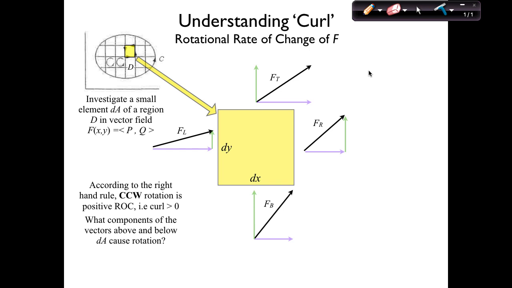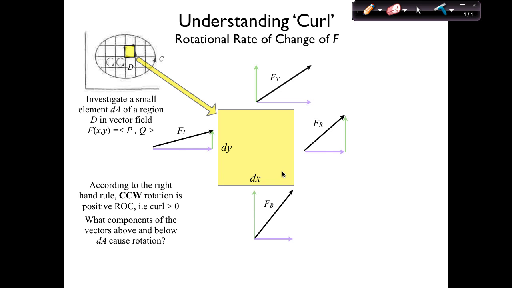Would it be like the ratio between the two almost? But I'm asking which components, right? There's the purple horizontal components and the green components. Which of those, purple or green, contribute to rotation?